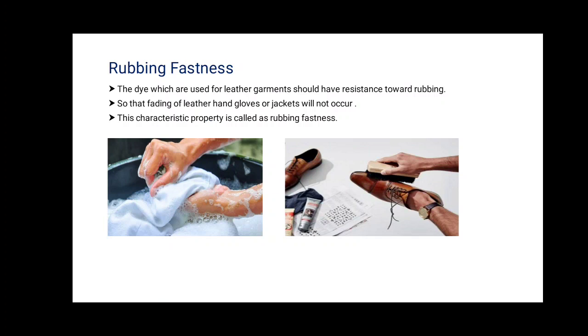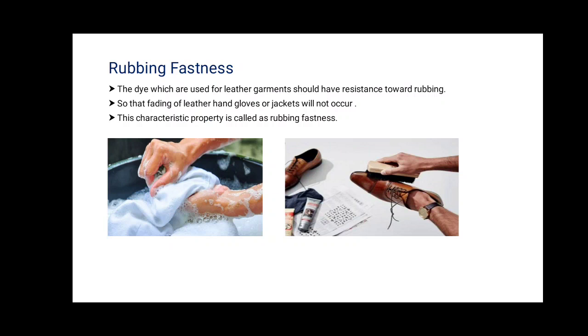Next, rubbing fastness. The dye used on leather garments should have resistance toward rubbing, so that fading of leather hand gloves or jacket will not occur. This characteristic property is called rubbing fastness.